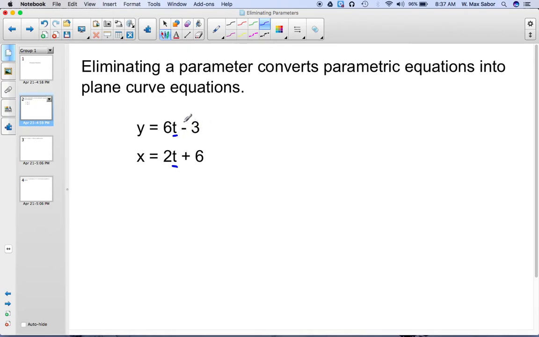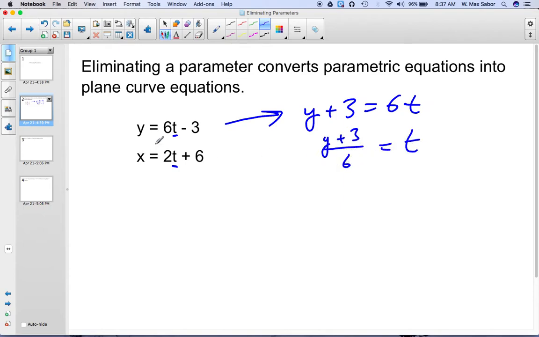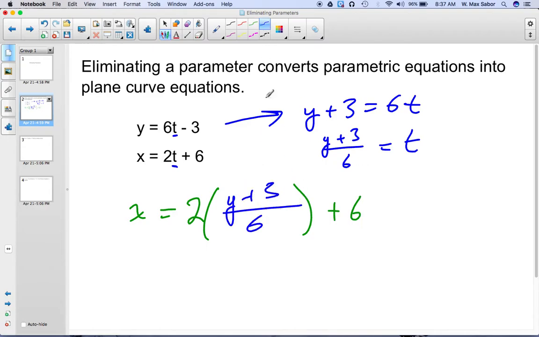So typically, especially when one of these is linear, we'll solve it for t and then substitute into the other. So y plus 3 equals 6t, and t equals (y plus 3) over 6. Now let's substitute that in. x equals 2 times t plus 6, and t was (y plus 3) over 6.